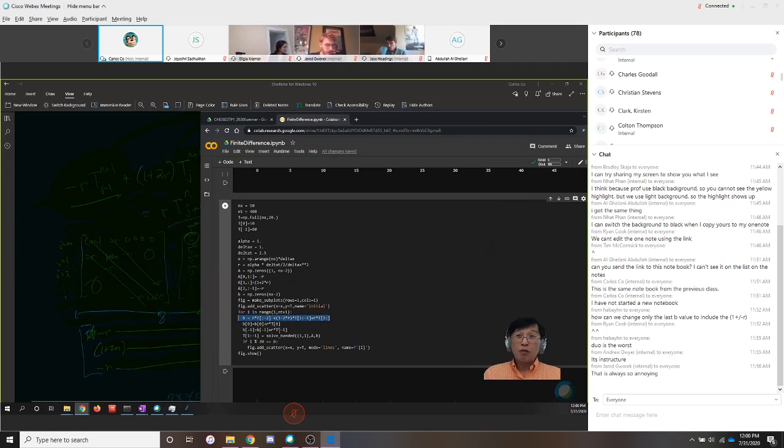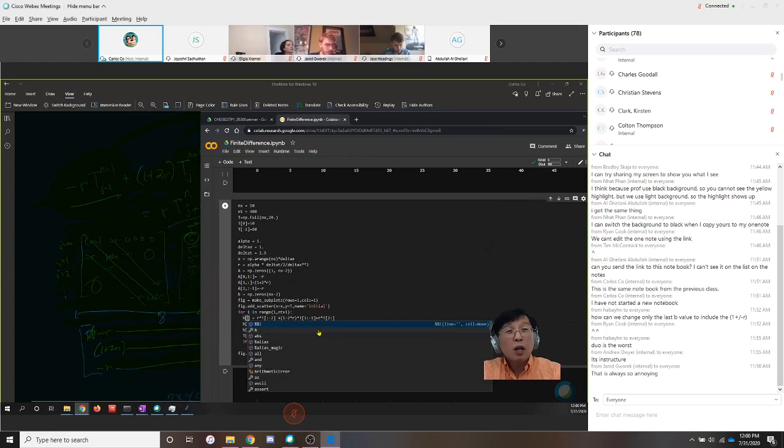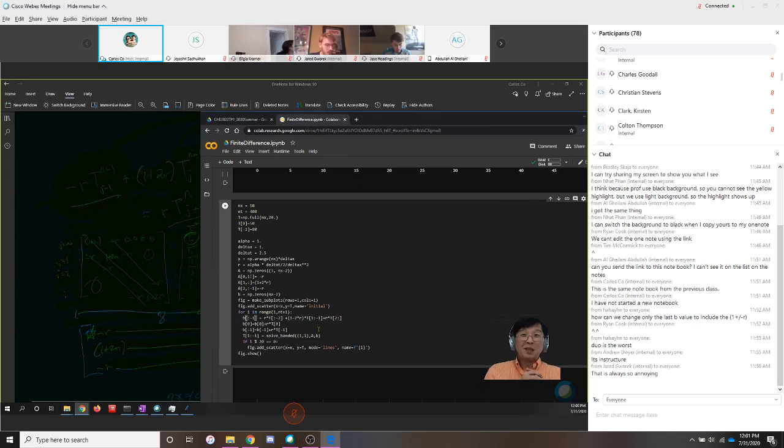Something that might be less confusing for you to do instead is to just use the same equation all the way except the last one, and then down here you simply type your expression for the last one. That's the expression to calculate the B vector for every single node except the last one.